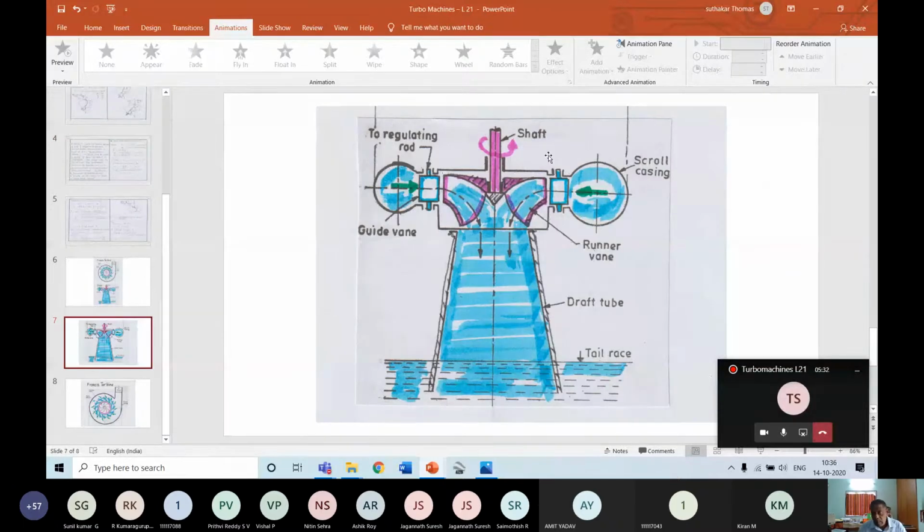So you find that in the Francis turbine you have the volute casing.